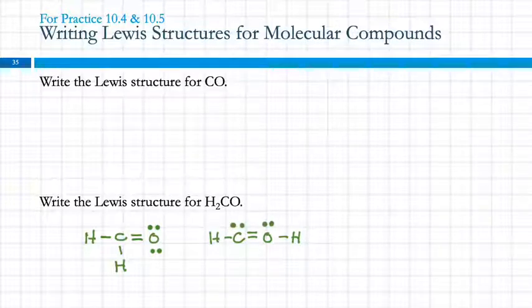And no, these are not resonance structures. For them to be resonance structures, the skeletal structure has to be the same. So here I have 2 hydrogens attached to a carbon, and here I have 1 hydrogen attached to a carbon. These are put together differently, right? It's not just where are the electrons. So these are not resonance.